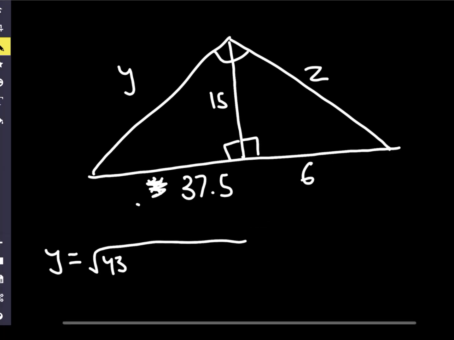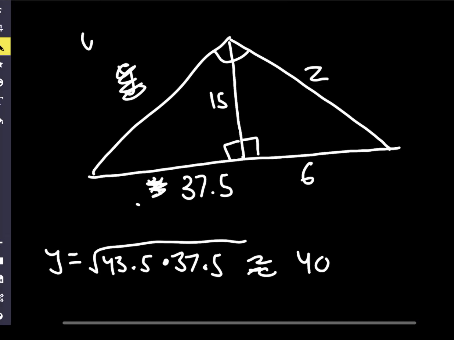So 43.5, because it's 37.5 plus 6, and this will be multiplied by, well, you guessed it, the adjacent part, 37.5. Putting this into my calculator, I'm just going to round this. This isn't exact, but this is about 40. So this is going to go here, 40.